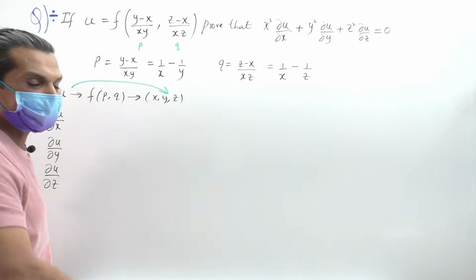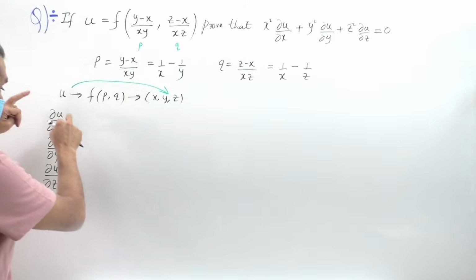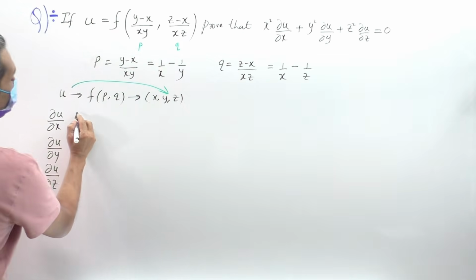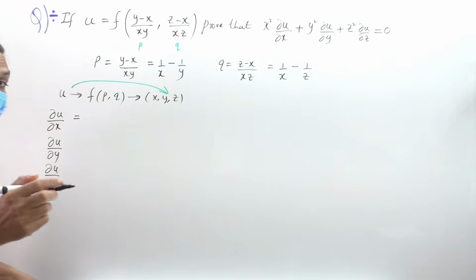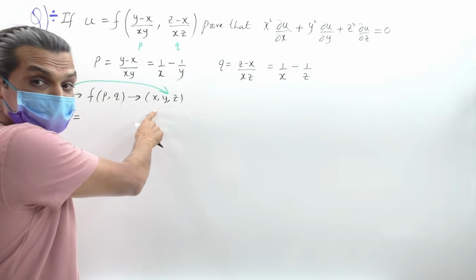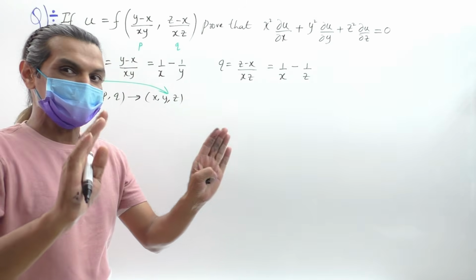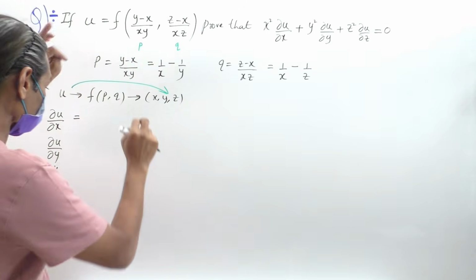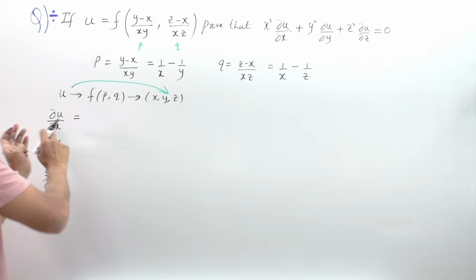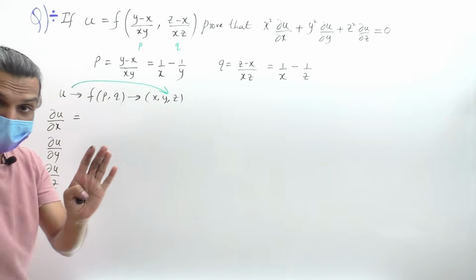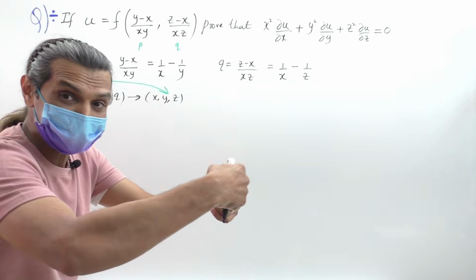So we write three partial derivatives: dou u by dou x, dou u by dou y, dou u by dou z. And this with respect to, see, dou u by dou x, first child x, with respect to two wives. Who are the wives? P and Q. Getting it? That means I can write this as, see, I want dou u by dou x only. This should be retained with respect to P and Q. So how do I write the chain rule for this?